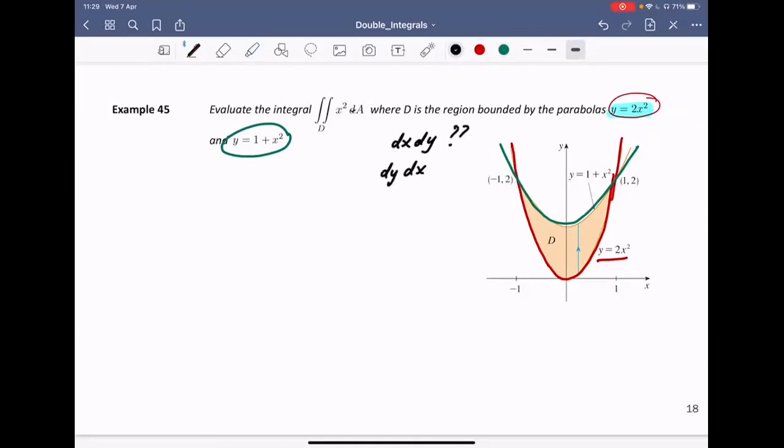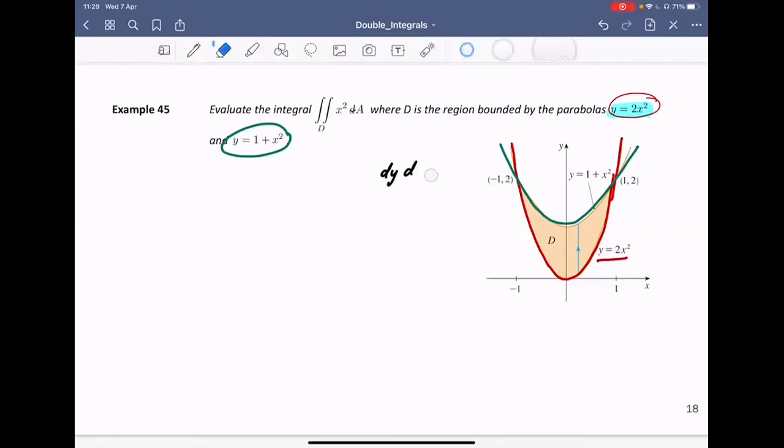Answer me in the chat. If you answer dy dx, you should have the reason in your mind. Why do you pick dy dx, not dx dy? It seems like everyone answered dy dx, which is correct, but do you know why?